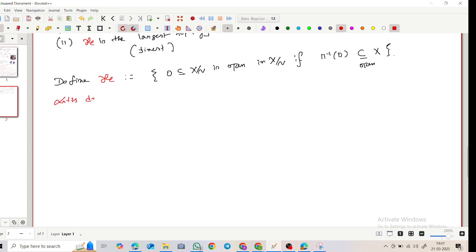Let's develop the theory by taking any surjection pi from X to Y, where Y is any set and X is a topological space.